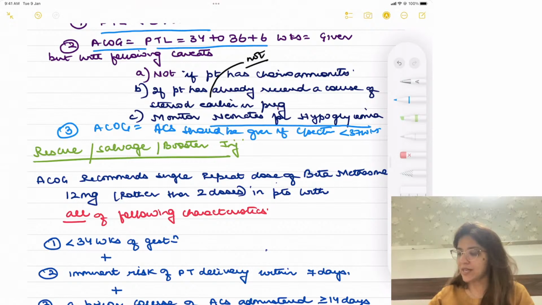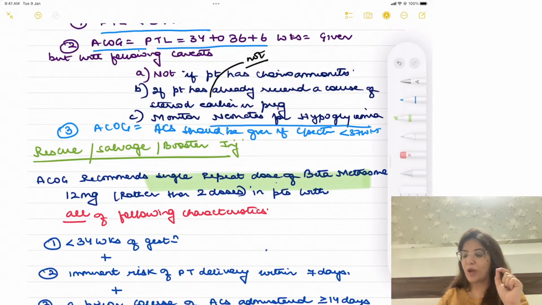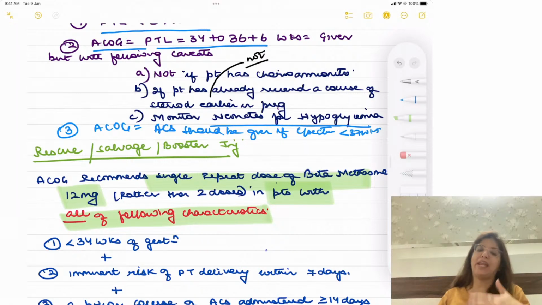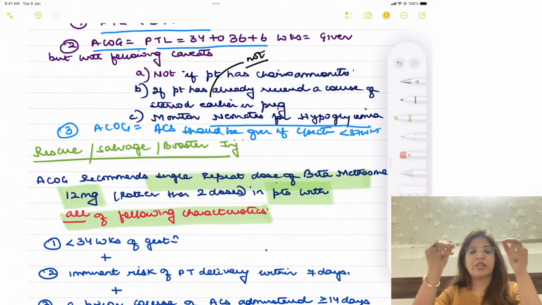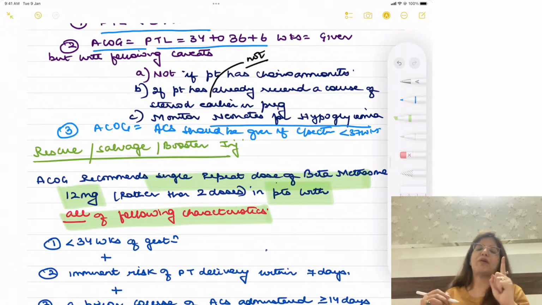So ACOG says that you can give a single repeat dose of betamethasone, right? Not two doses, but a single repeat dose of betamethasone, 12 mg, in patients in whom all of the following characteristics are seen. In those patients in whom you are getting all of these three things, you can give a single injection of betamethasone, not a complete course.